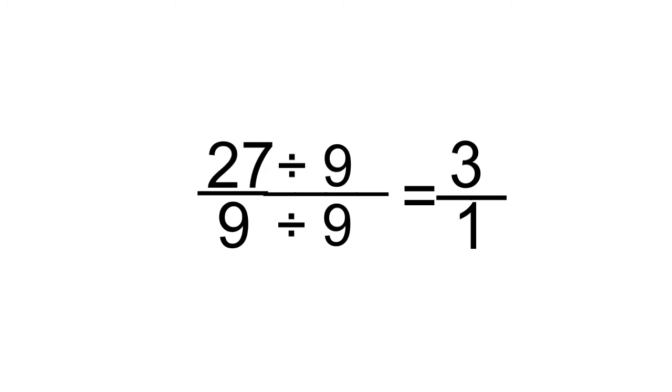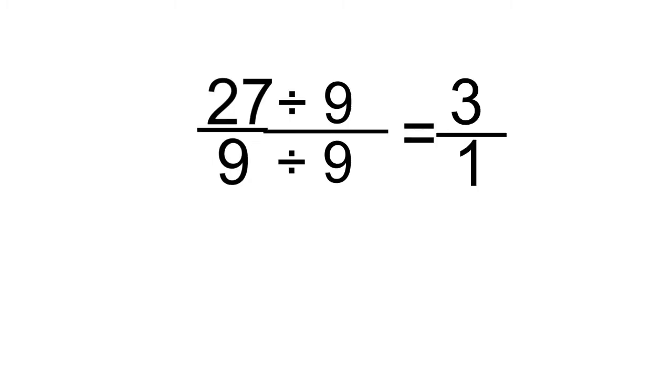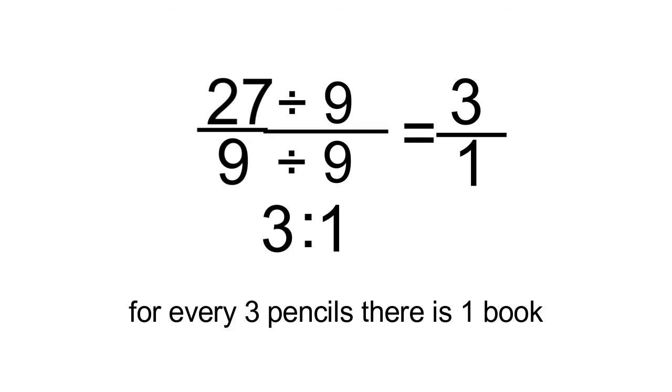This ratio can be simplified by dividing both parts by 9, as 27 and 9 are both in the table of 9. So divide both numbers by 9. We get 3/1. So the simplified ratio is 3:1. That is, for every 3 pencils, there is 1 book.